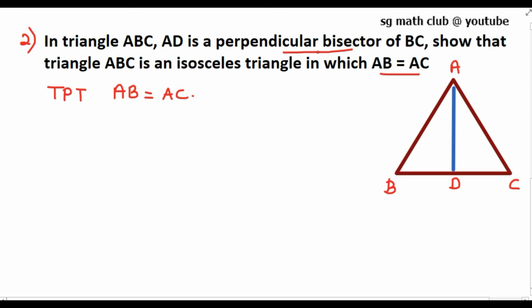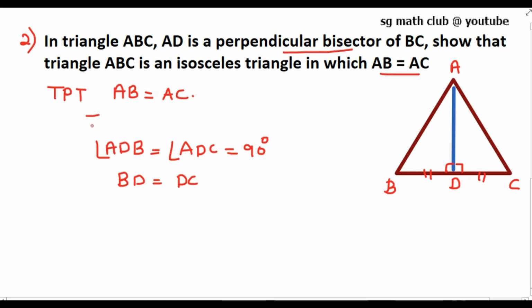AD is the perpendicular bisector of BC means I can write angle ADB equal to angle ADC equal to 90 degrees. Also BD will be equal to DC because it is the perpendicular bisector. So this angle and this angle will be equal to 90 degrees, and BD will be equal to DC. Now we need to prove AB equal to AC.